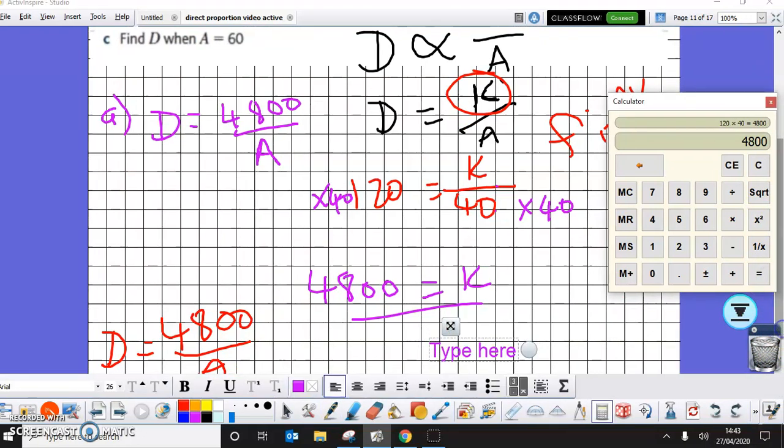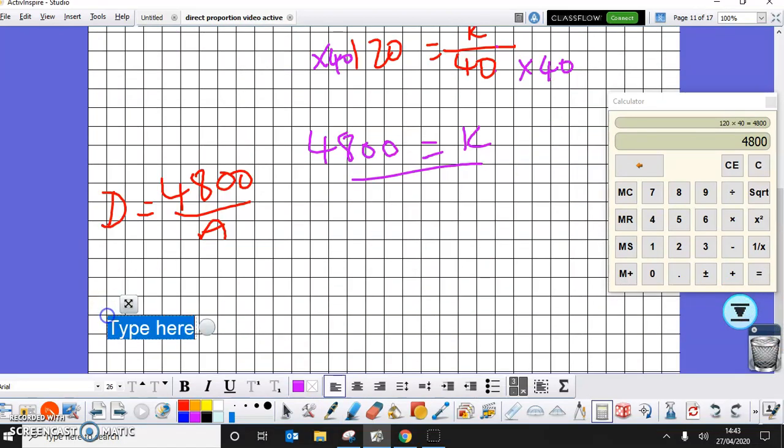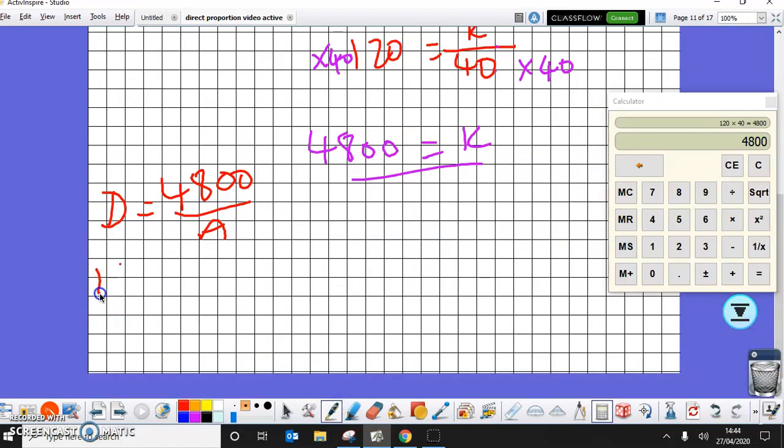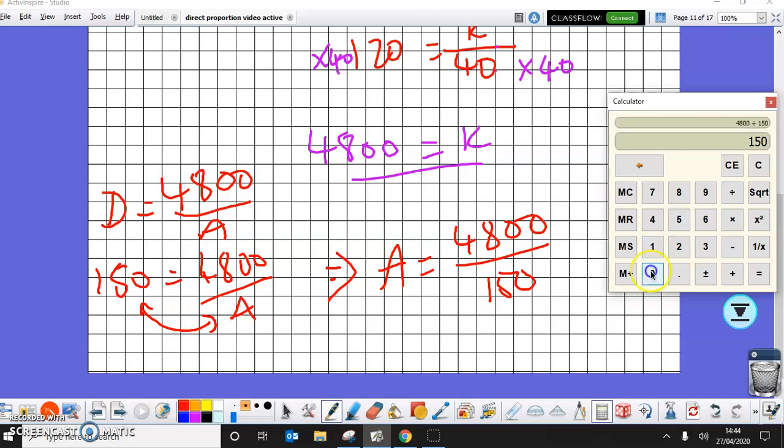So 150, 4,800, and A. Remember my subject's on the bottom, so I can swap these round. So A is going to equal 4,800 divided by 150. So A is going to equal 32.